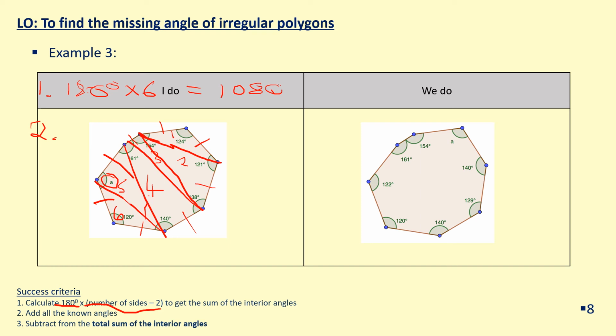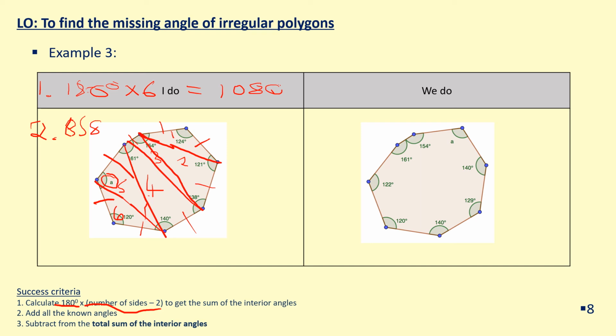I'm just using a calculator to get it done a little quicker. Okay, so I think I've done them all. I've got 858 on the whole. So all the interior angles equal 858.